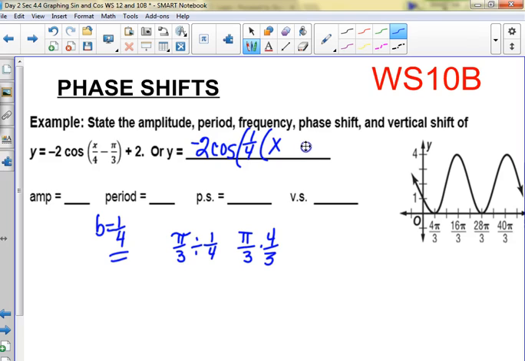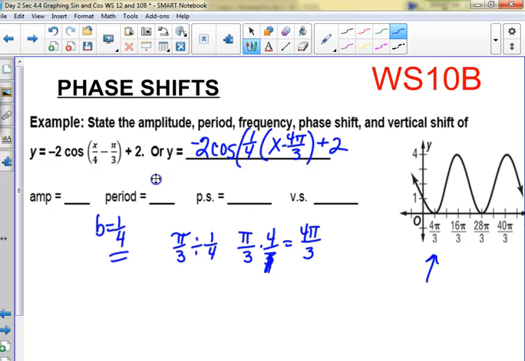Oh, this is 4 over 1, which is 4 pi over 3. And it was minus, right? Yeah, we don't have to do this one. We're just trying to identify everything. Because it's a negative cosine, so it's upside down, and it's shifted to the right 4 pi over 3.